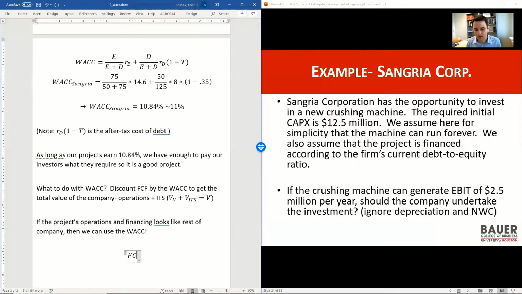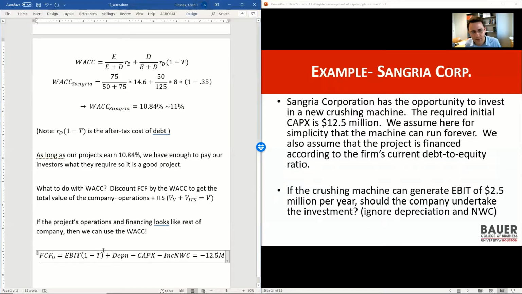So what do the cash flows look like at time 0? Well, remember what the free cash flows are. We have EBIT times 1 minus T plus depreciation minus CapEx and minus increases in net working capital. In this case, what happens at time 0? Well, we just have the CapEx, minus $12.5 million today.